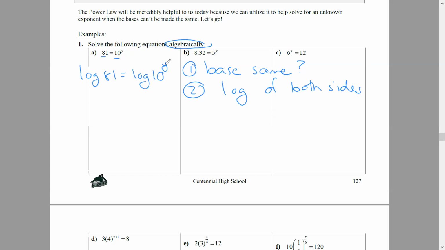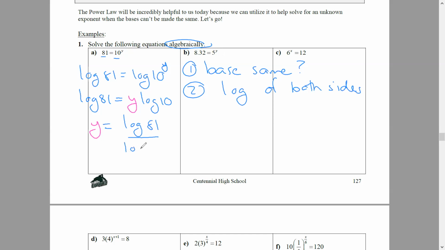Now I'm going to use my power law. So that exponent of y can become my coefficient right here. That was really important. And now to isolate for y, I'm going to divide both sides by log 10. Log 10 is a number.